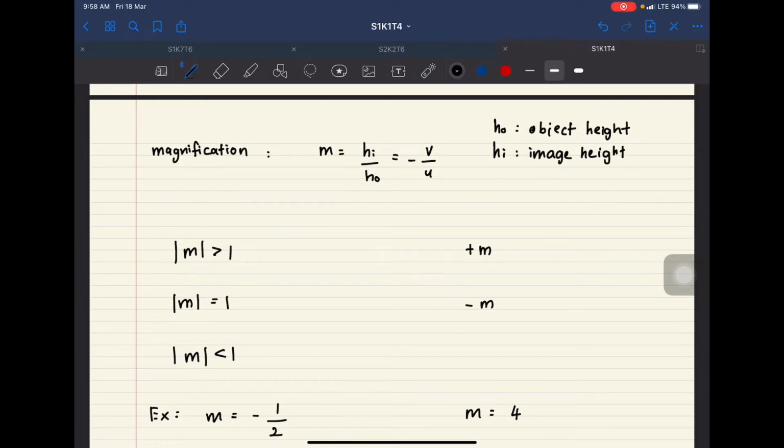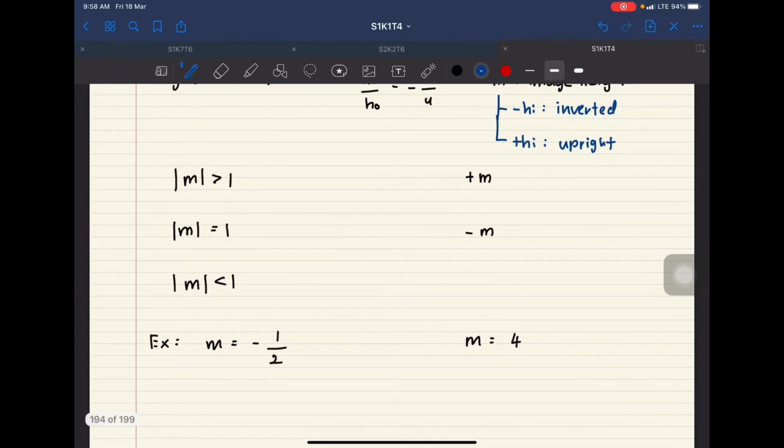So if the image height is negative, it means the image formed is inverted. If the height of the image is positive, it is upright. And then for the values of m: if it is more than 1, it means it is magnified.